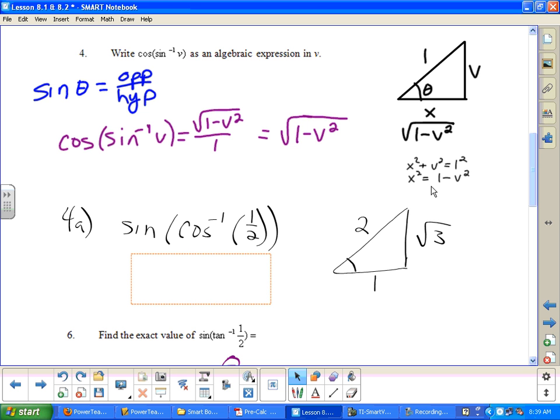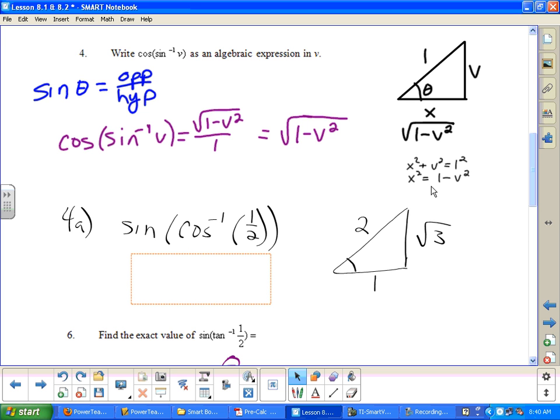Okay, so I added one here, 4a. Find the sine of the inverse cosine of 1/2. So here's the right triangle that goes along with that, isn't it? We have a 30, 60, 90 right triangle. So when is cosine equal to positive 1/2, or inverse cosine?